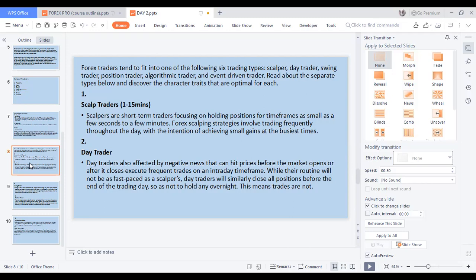A swap fee is a fee the broker charges you when your trade rolls over to the next day. You get it?